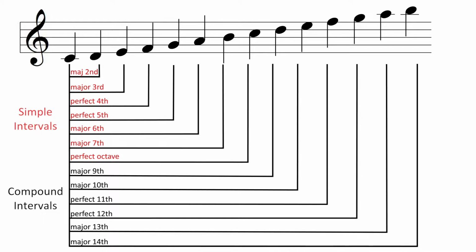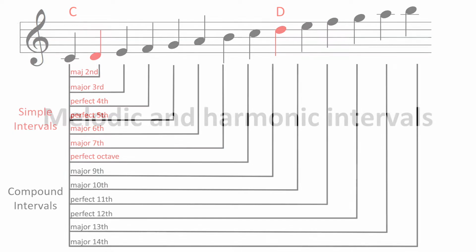So for example, this C to this D over here is more than an octave apart, making it a compound interval. To figure out what number interval this is, take the interval to the lower D note over here, which is the second interval, and add 7, which is 9. So we've now figured out that the compound interval to this D note is a 9th interval.